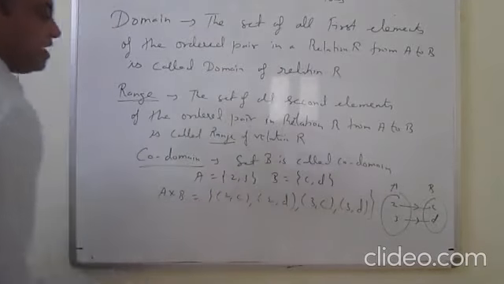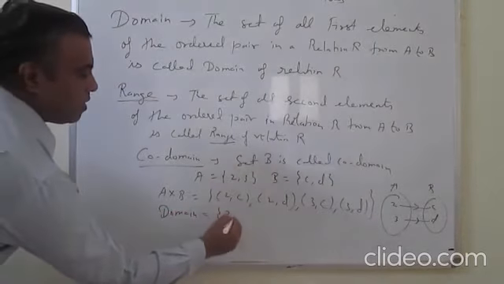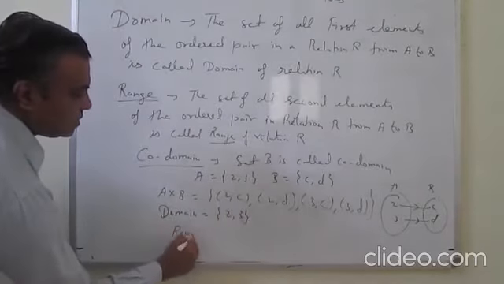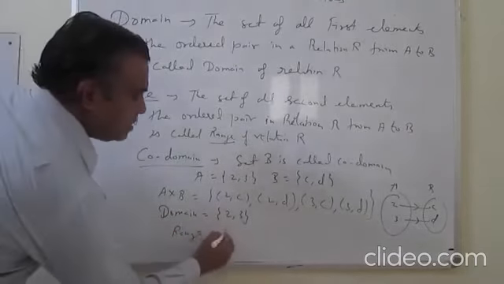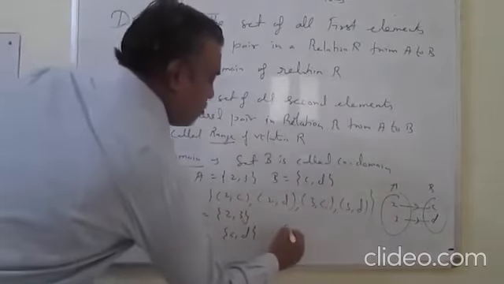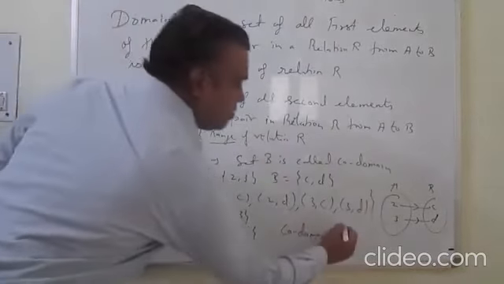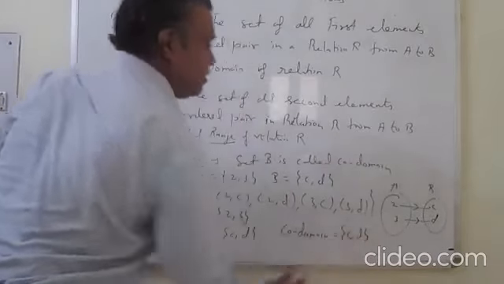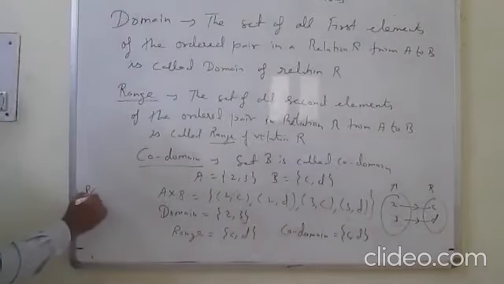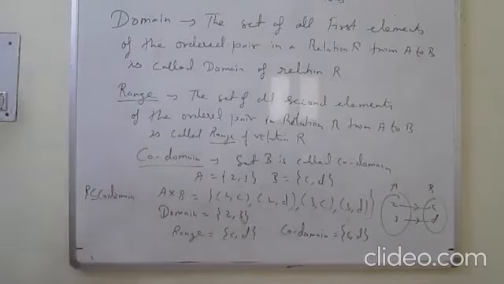The domain is the first elements of the ordered pairs. Here the domain is {2, 3}. The range is {C, D}, elements of the second set, and the codomain is {C, D}, the second set. So the range is a subset of the codomain.